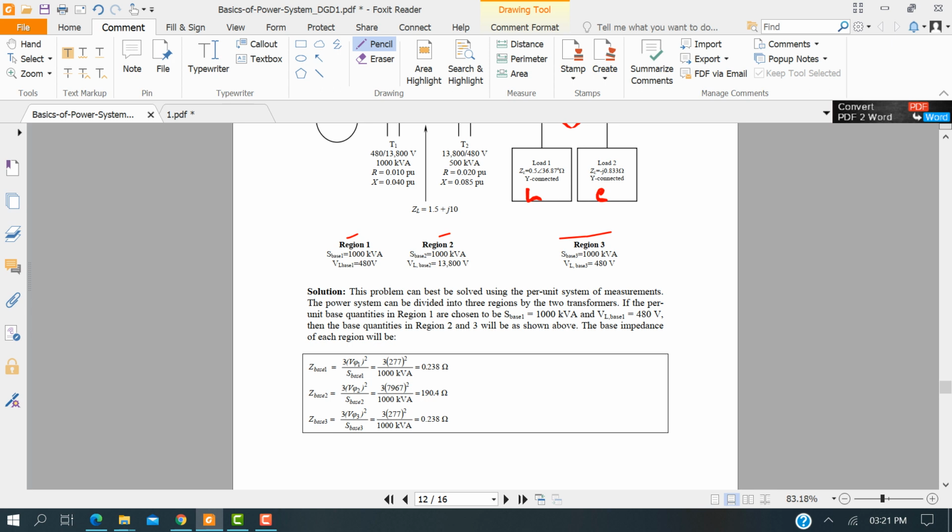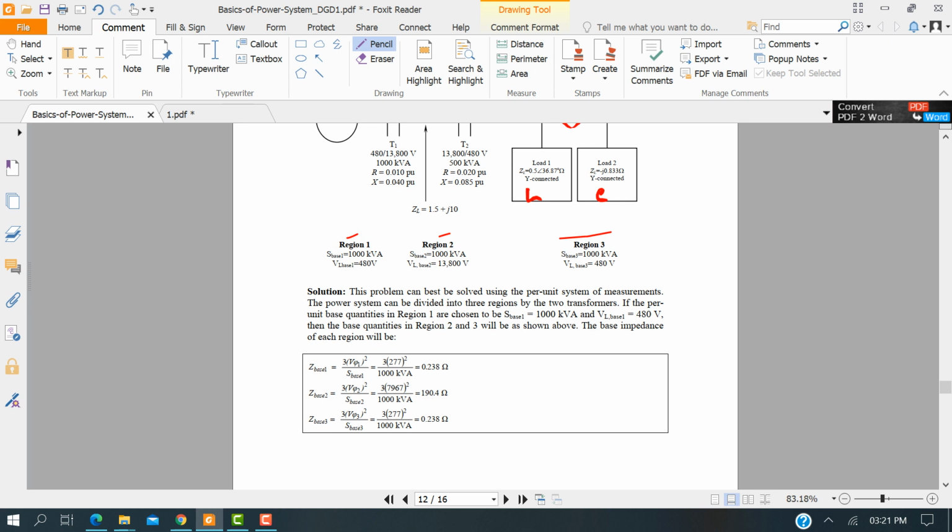Similarly, we can take the base values for region 2 and region 3. For this example we consider the base values, and accordingly we have to change the other regions' base values also. So I have to find the base impedance first, and then we'll draw the diagram.